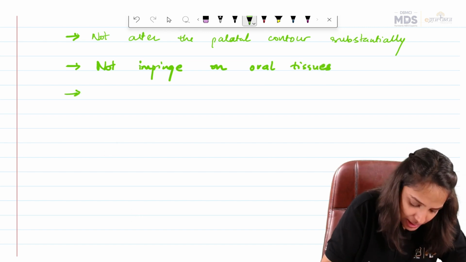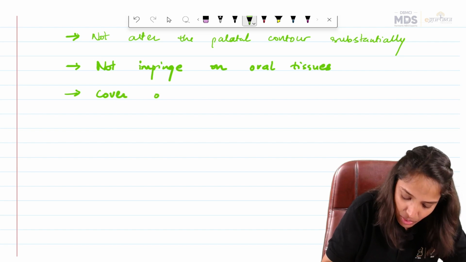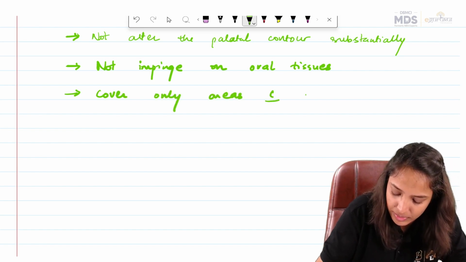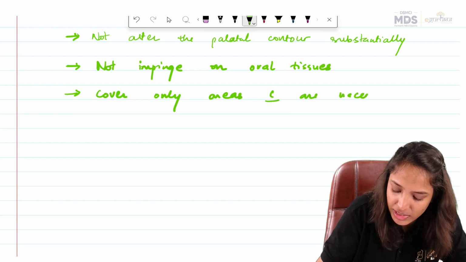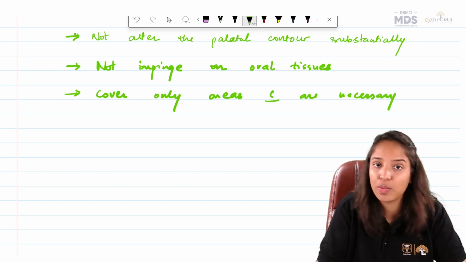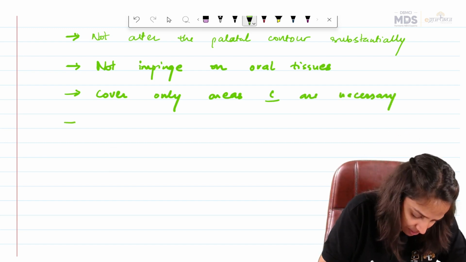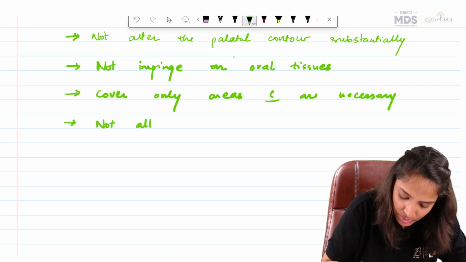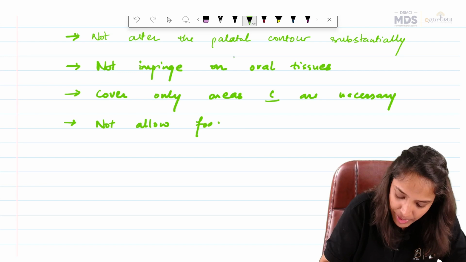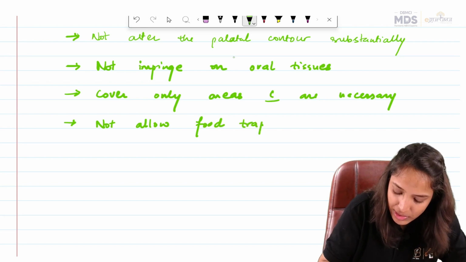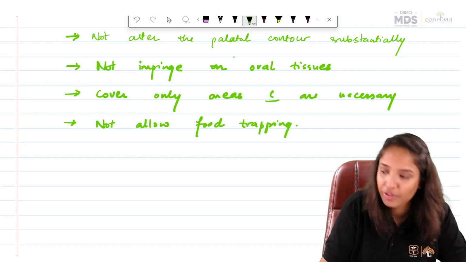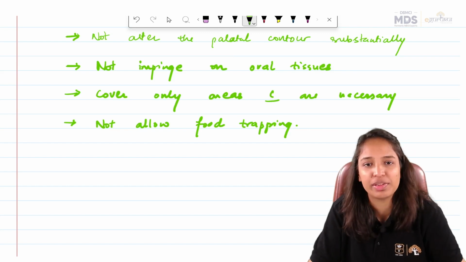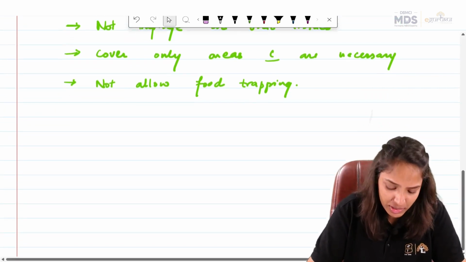Point number 6, it should cover only areas which are necessary. Unnecessary extension should be avoided. Also, it should not allow food trapping. So the design of the prosthesis should be such that food should not be trapped, or different pockets should not be formed where food trapping occurs.